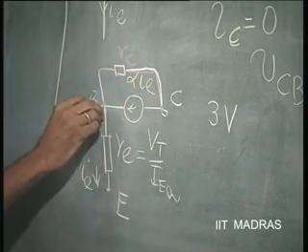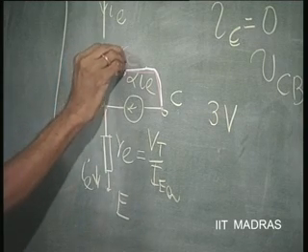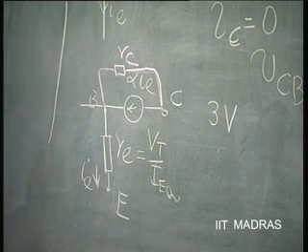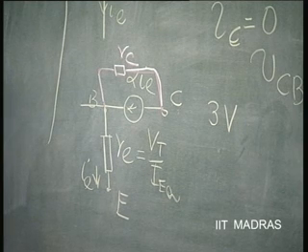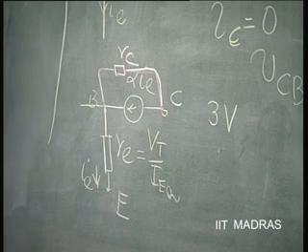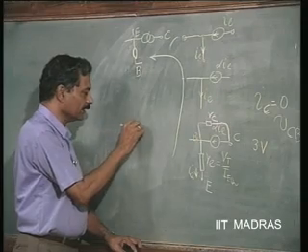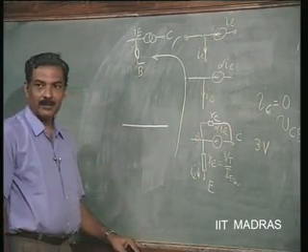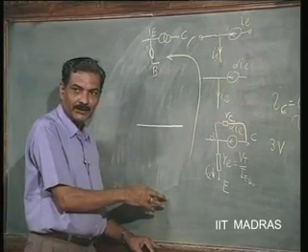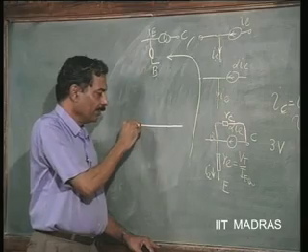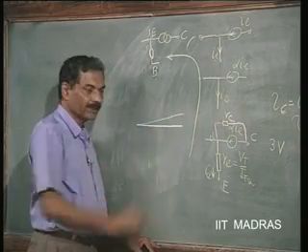So, please remember that this is a new thing that we have brought about here. Across collector base junction there is a resistance which is of the order of tens of mega ohms, which we have been earlier ignoring. What does this mean? At any given operating point we had assumed that the characteristic is independent of collector base voltage, but there is a dependence on collector base voltage for this current.